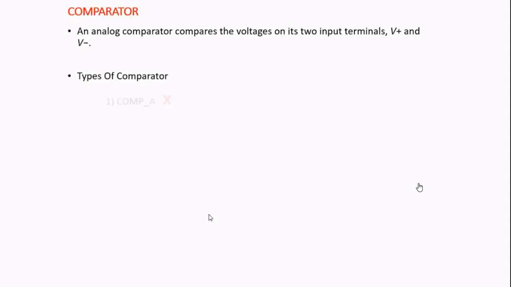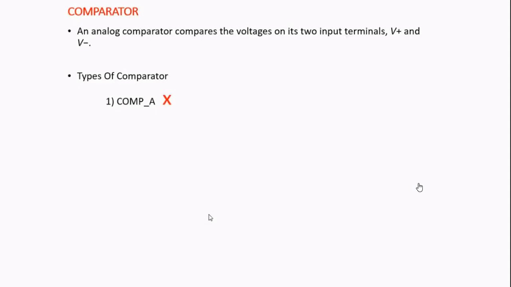So what does it do? A comparator compares two voltages at the input terminals, V plus and V minus. If V plus is greater than V minus, it gives the output 1.